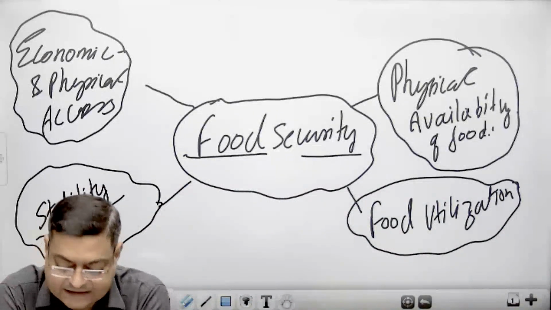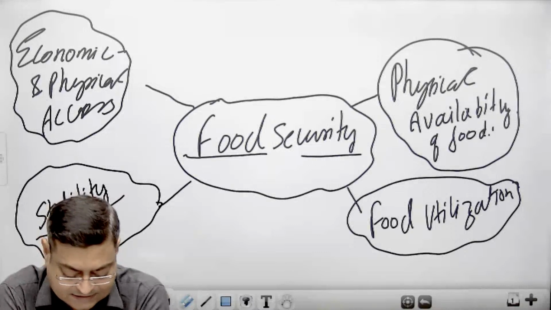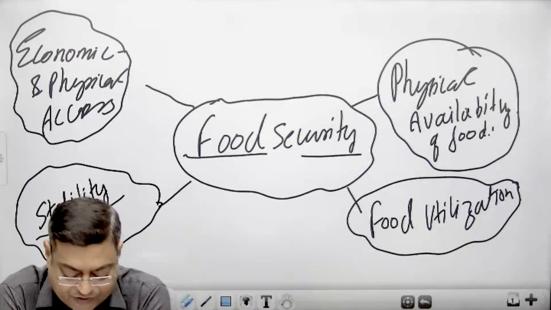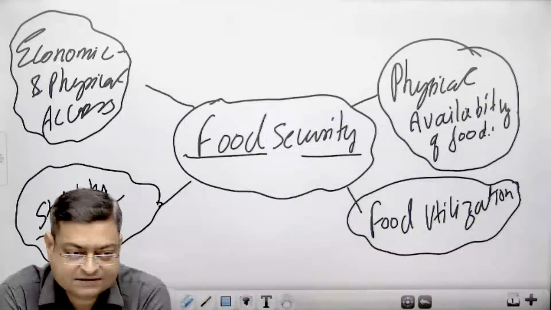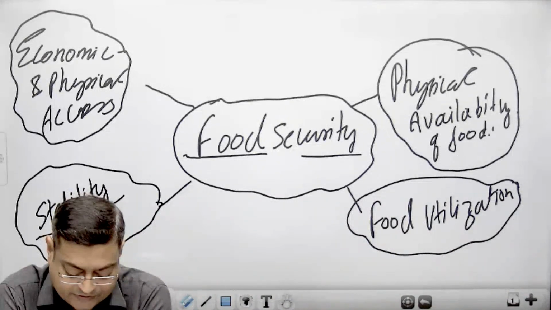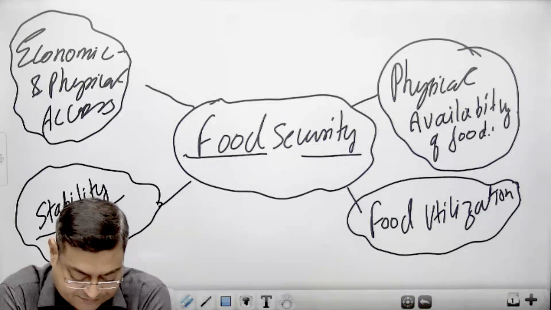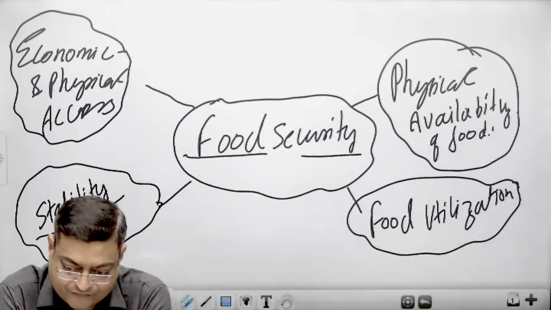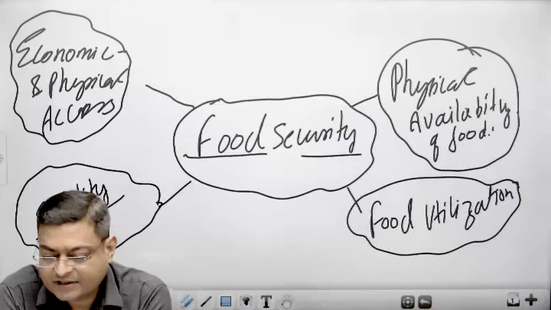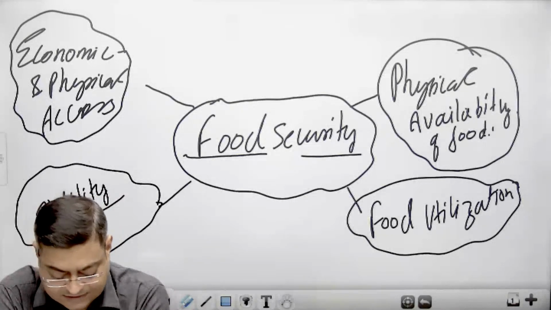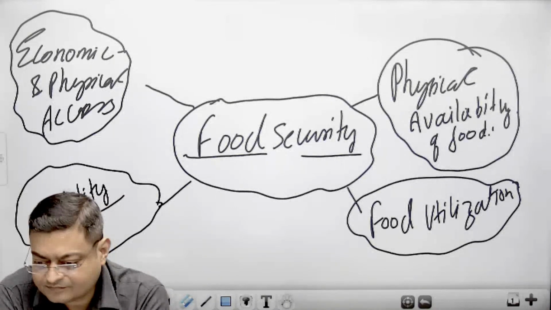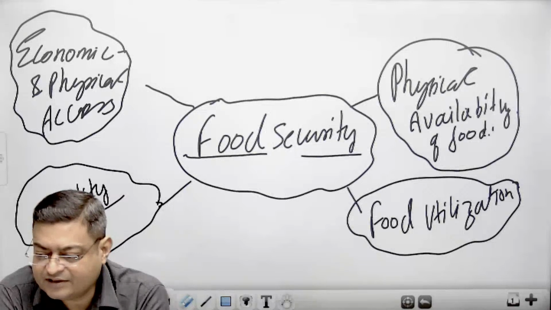Even if your food intake is adequate today, you are still considered to be food insecure if you have inadequate access to food on a periodic basis.